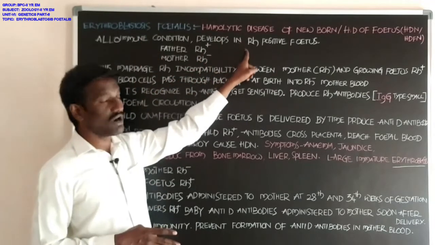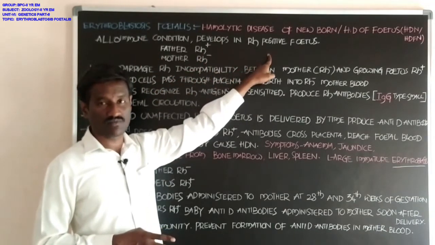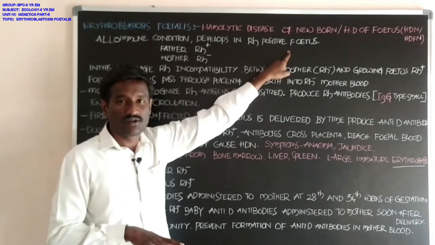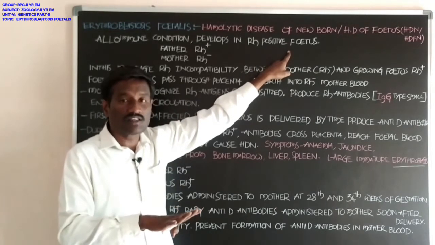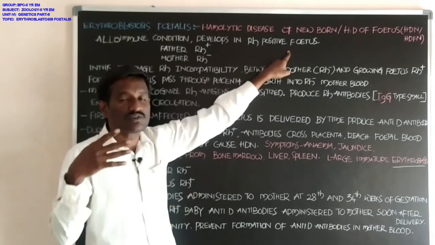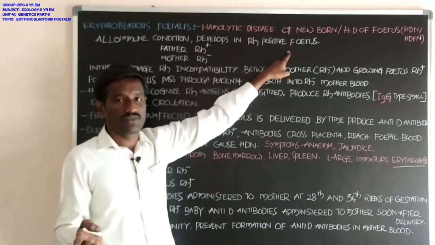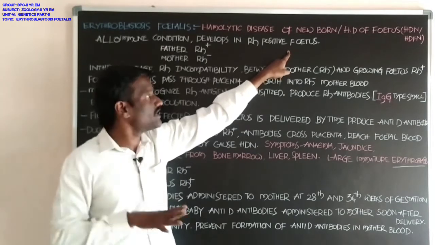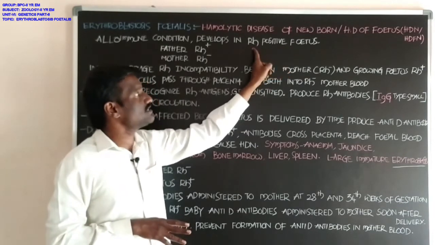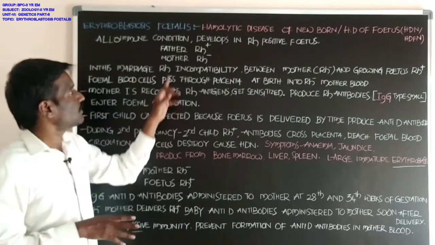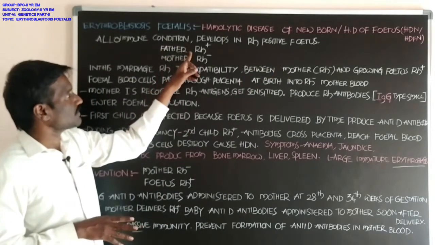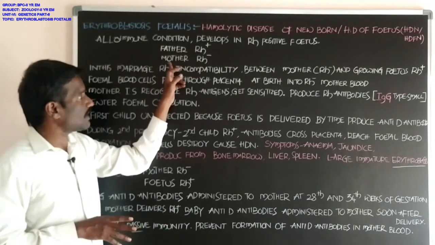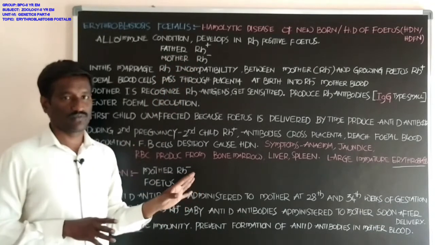It also develops in an Rh positive fetus, a developing fetus within the uterus when the mother conceives a pregnancy. The fetus is Rh positive. Students, the father is Rh positive and the mother is Rh negative.